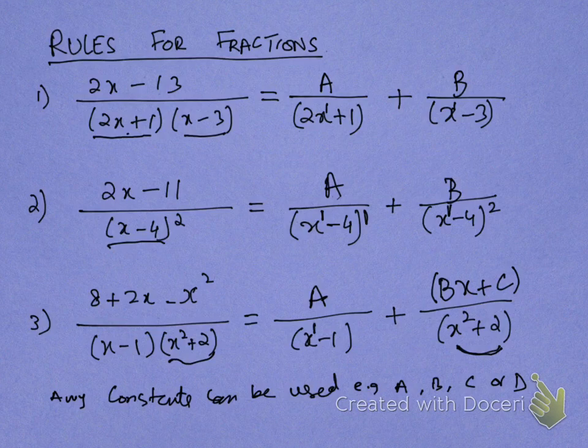This one is a linear factor, x minus 1 whole power 1, so we must have a constant in the numerator. We can use any constant, either a, b, c or d, but be careful while using the linear factor. These are the examples of linear factors: bx plus c or cx plus d.